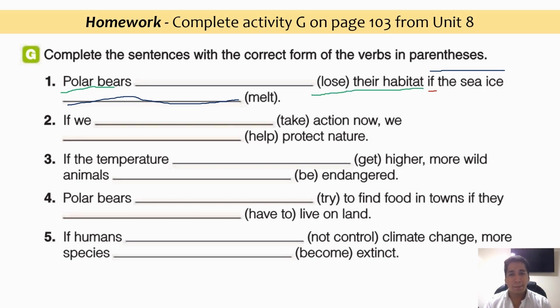What is it? Yes, correct, guys, well done. Now, polar bears will lose their habitat. Teacher, why? Because this is the main clause. And then we had, remember, the if clause, so this will be if the sea ice melts. So that's the example, guys. Polar bears will lose their habitat if the sea ice melts. So that's the way you need to work on the next sentences. You need to analyze that way.